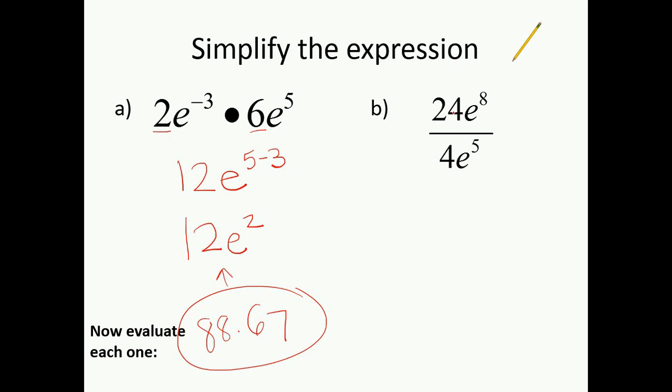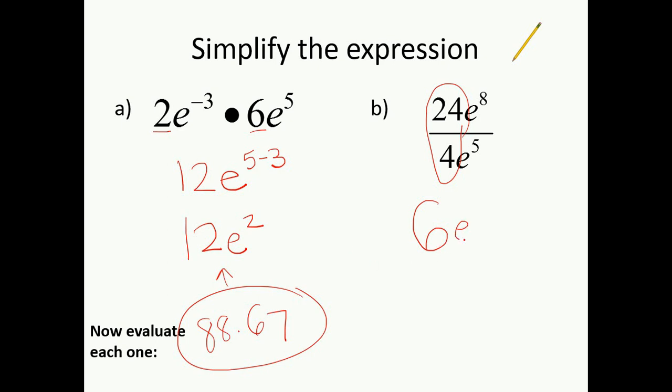So now I have 24e to the 8th divided by 4e to the 5th. So very first thing, let's divide the numbers. 24 divided by 4, well, that's just 6, right? And then I need e to the 8th divided by e to the 5th. Now, if you remember, guys, we subtracted exponents when they were divided.